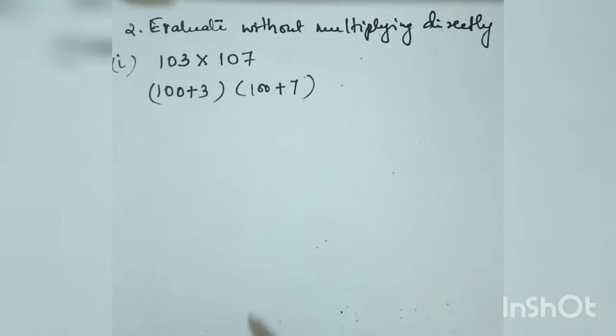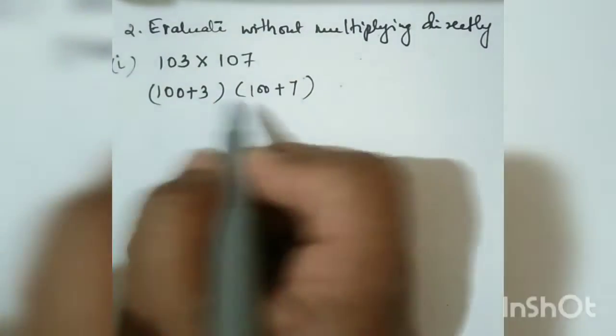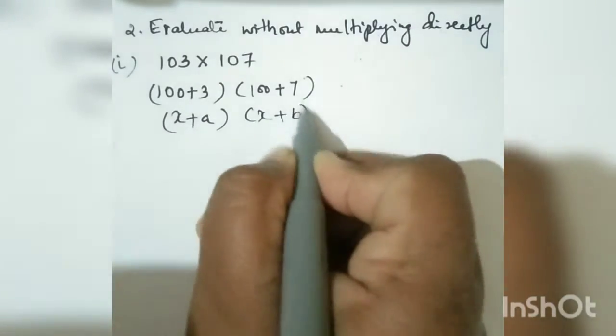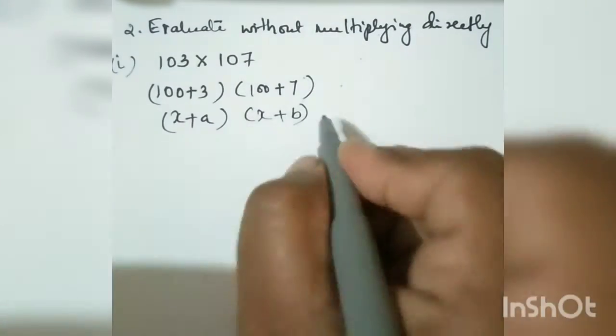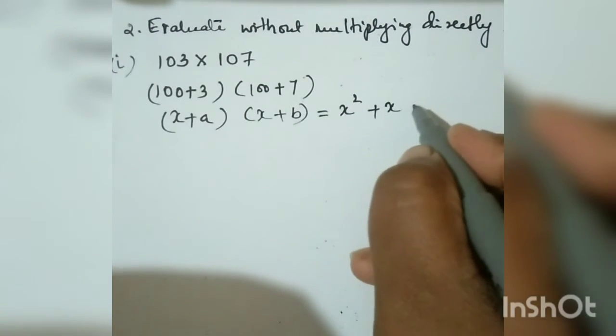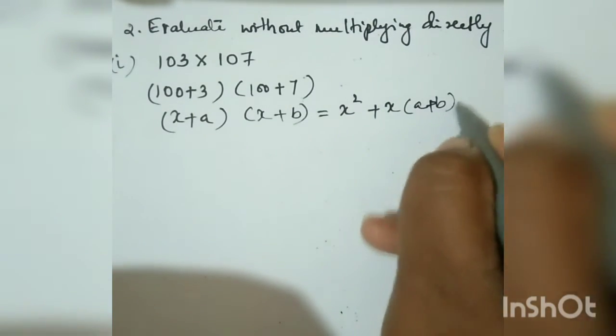So you can write this in such a way that you can apply the x plus a into x plus b identity. So now what is x plus a into x plus b? It is x square plus x into a plus b plus ab.